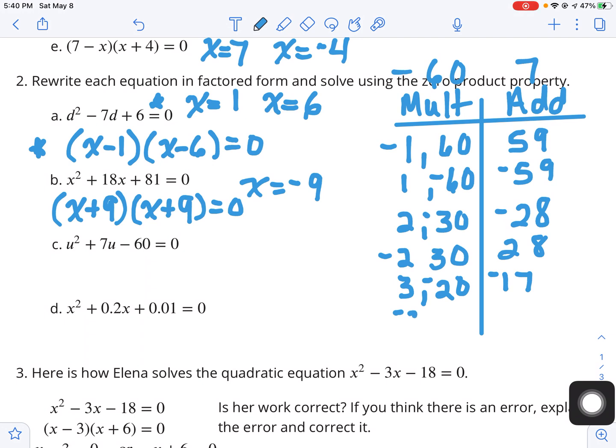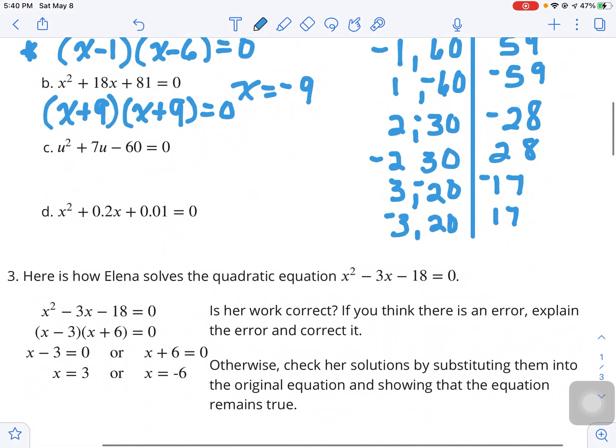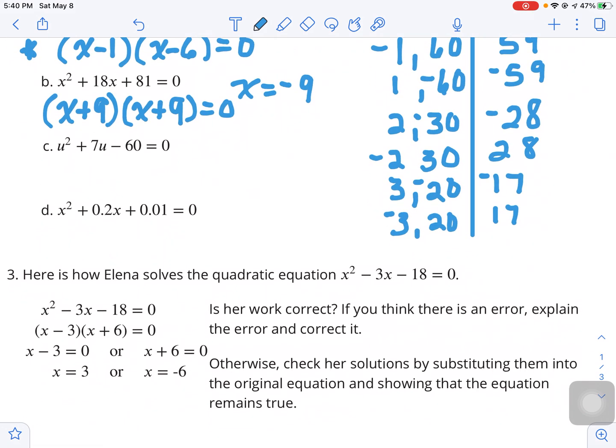If I go negative 3 and positive 20, I get positive 17 when I add. 4 goes into 60 15 times. 60 has a bunch of factors. So if I do 4 and negative 15, I would get negative 11 when I add. And if I do a negative 4 and a positive 15, I'll get positive 11.